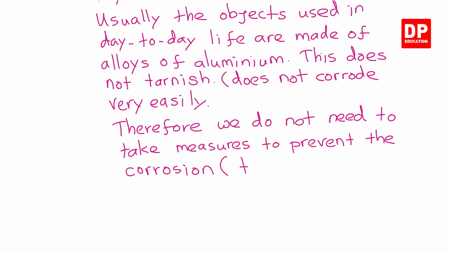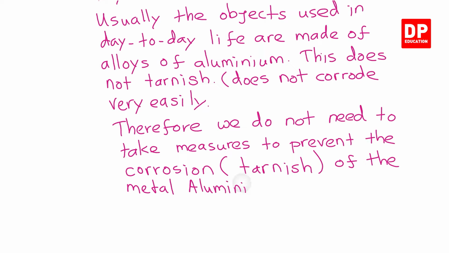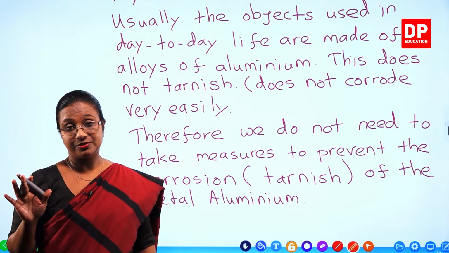So in that sense, we can say according to the question, tarnish of the metal, aluminium. So can you all understand that, students?